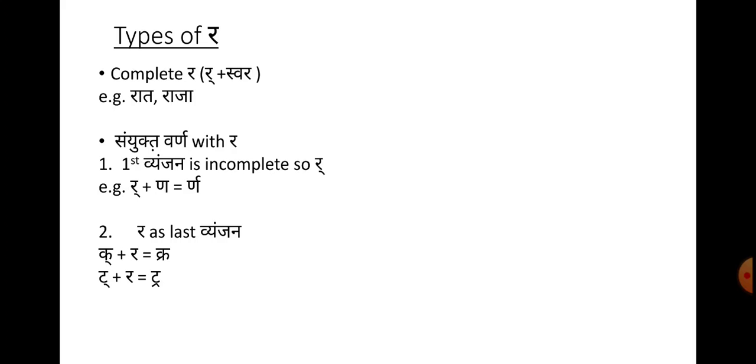Means br, pr, right? Tra, ta adhika ra. So in all these Vyanjan, you write one short slant line. Okay. So this is one way of writing this.